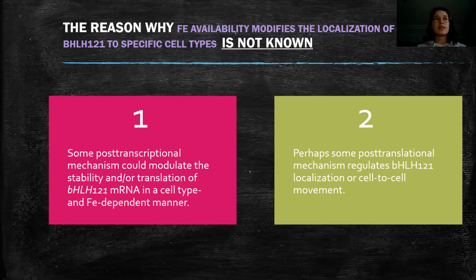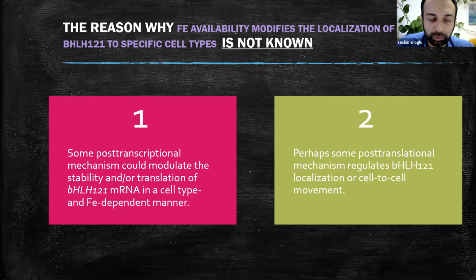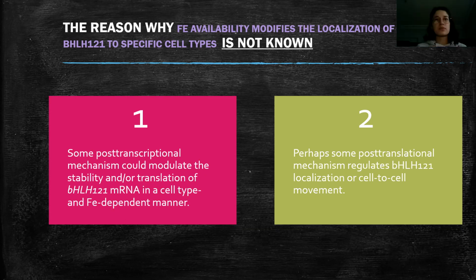For example, let's say the BHLH121 protein is phosphorylated, and it's able to enter some cell types and not able to enter the other ones. So the post-translational mechanism just changes that. Can you tell the difference of the two hypotheses in one sentence? They are different in post-transcriptional and post-translational mechanism.